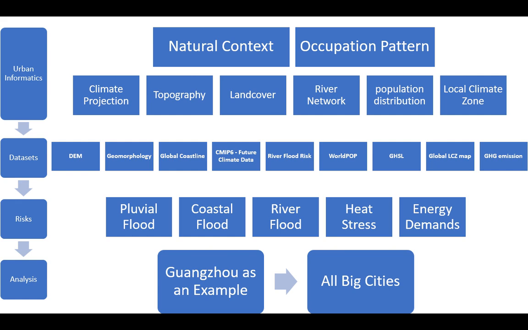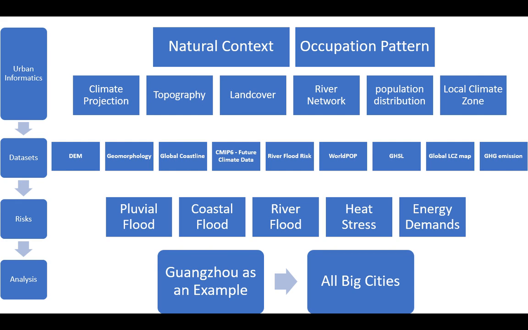Based on these data sets, we analyze pluvial flooding, coastal flooding, river flooding, heat streams, and the energy demands described by heating and cooling degrees. In the analysis, we use Guangzhou as an example.